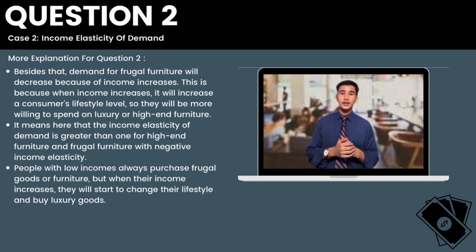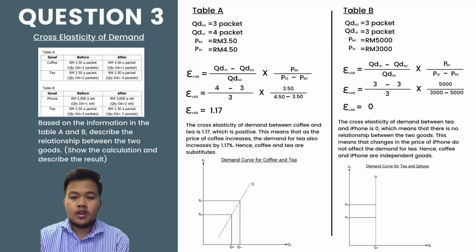It means here that the income elasticity of demand is greater than 1 for high-end furniture and negative for frugal furniture. People with low incomes always purchase frugal goods, but when their incomes increase, they will start to change their lifestyle and switch to buying more and more luxury goods or luxury furniture.